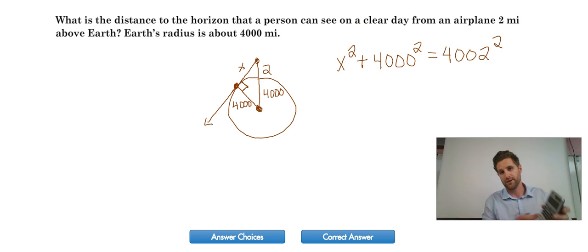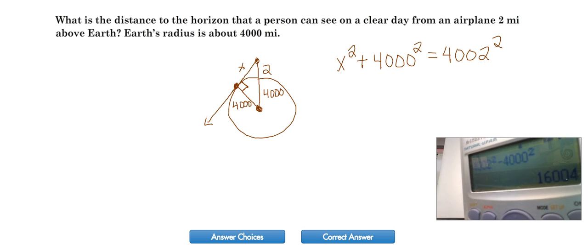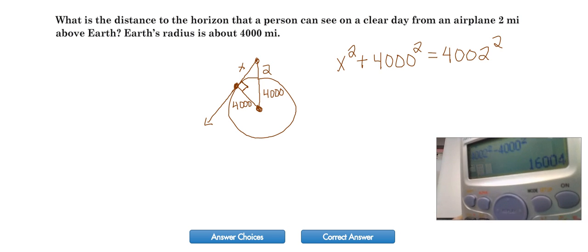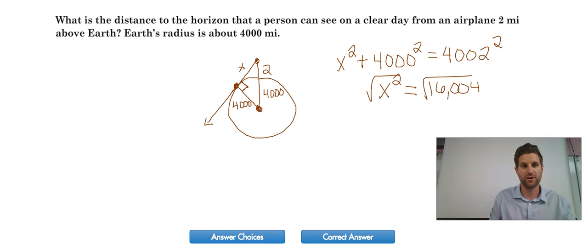Okay, so we could go ahead and calculate that, 4,002 squared minus 4,000 squared right there. I'm going to get 16,004 equals x squared. And then we're just going to go ahead and take the square root of it.